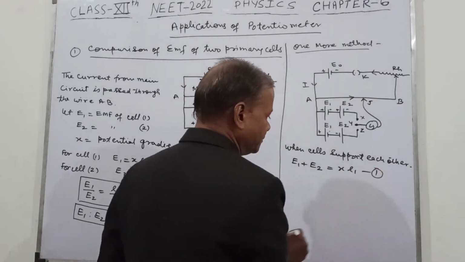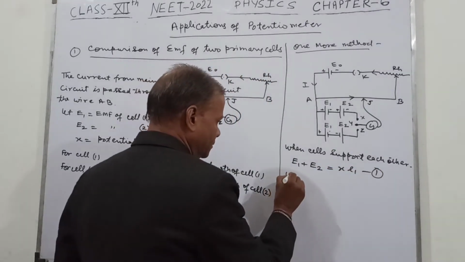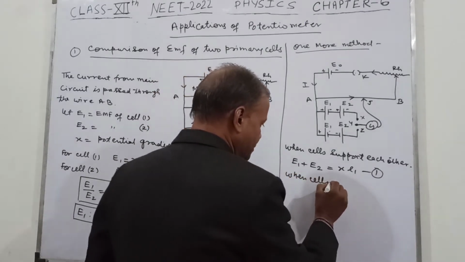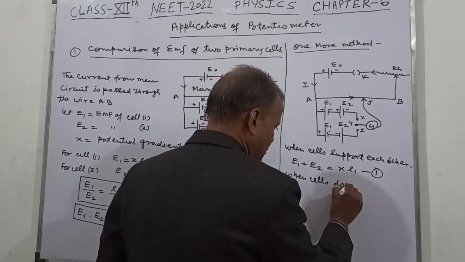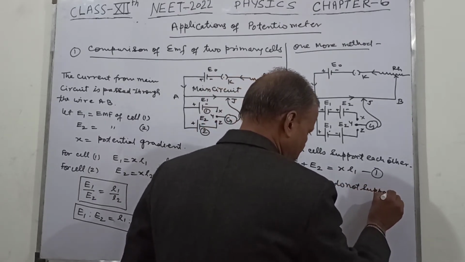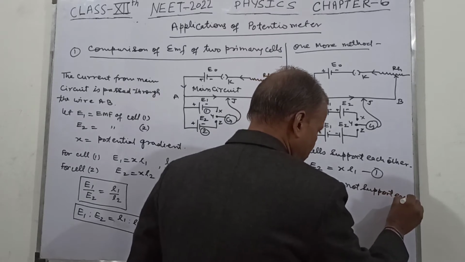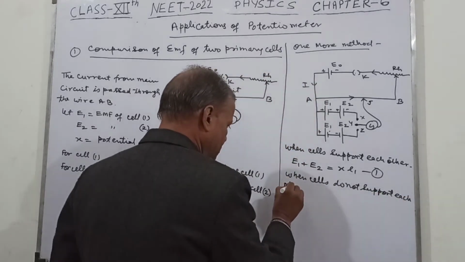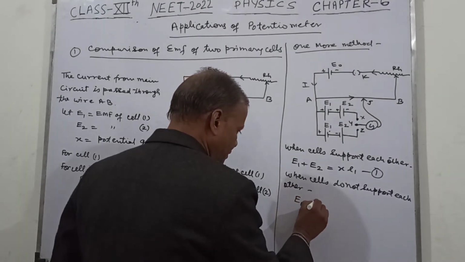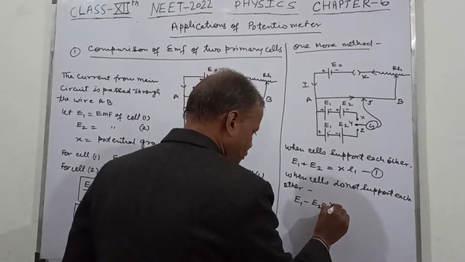This is now equation 1. When cells do not support each other, then we have E1 minus E2 equal to XL2.